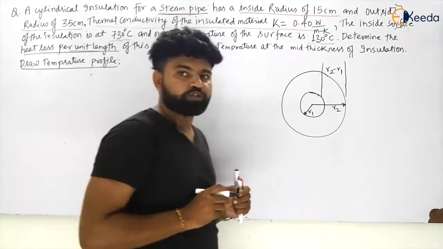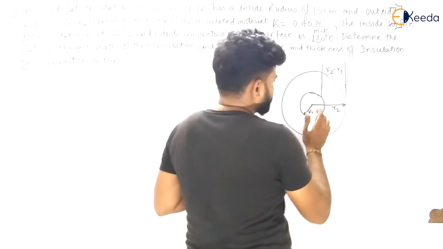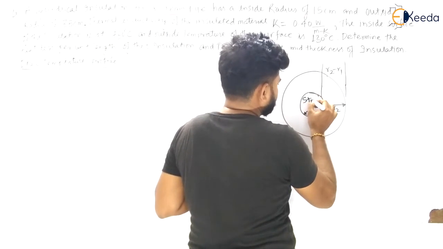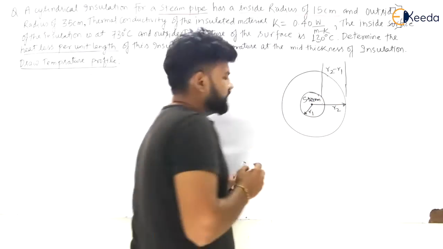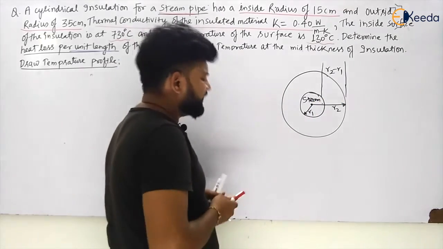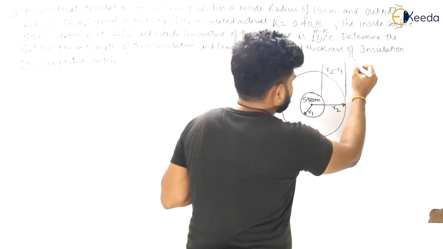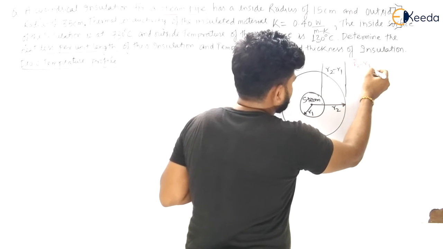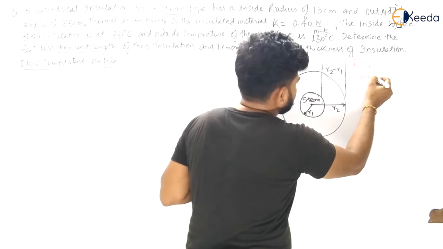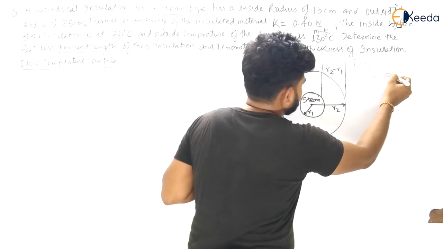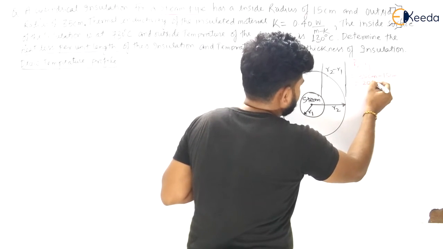This is the center where steam is there. The thickness is R2 minus R1, so R2 is 35 centimeter minus R1 is 15 centimeter, and the difference becomes 20 centimeter.